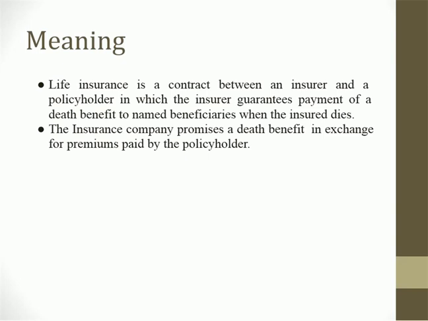Meaning of life insurance. Life insurance is a contract between an insurer and a policyholder in which the insurer guarantees payment of a death benefit to named beneficiaries when the insured dies. The insurance company promises a death benefit in exchange for premiums paid by the policyholder.